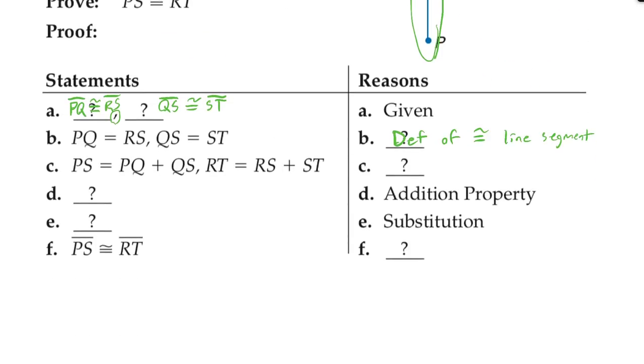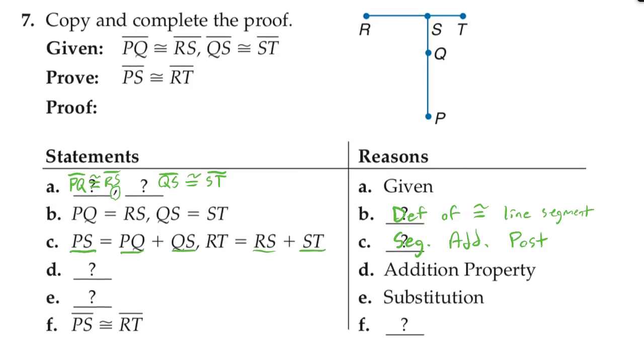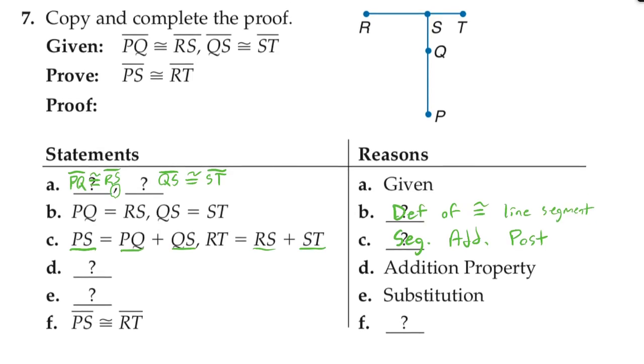So let's get down here. So the way we said the entire PS was equal to the piece plus the rest, that's the segment addition postulate. Okay, same thing, the whole RT is equal to the piece RS plus the piece ST. Okay, so I'll just erase those from the diagram. And then the addition property of equality, I'll put of equality there.